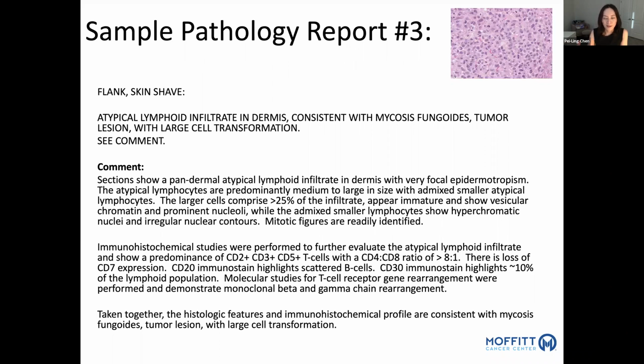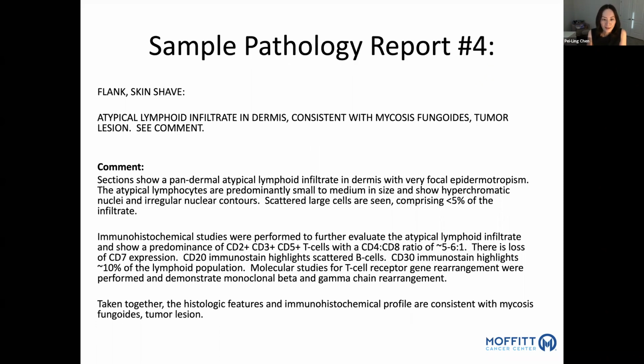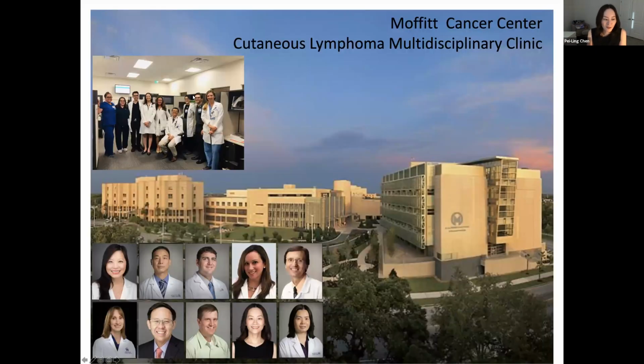This way they can take the next step into treatment based on this clinical histopathologic correlation. So thank you for giving me the opportunity to present today.